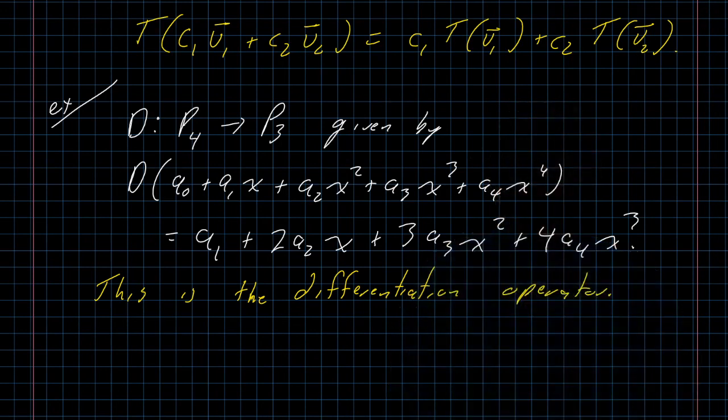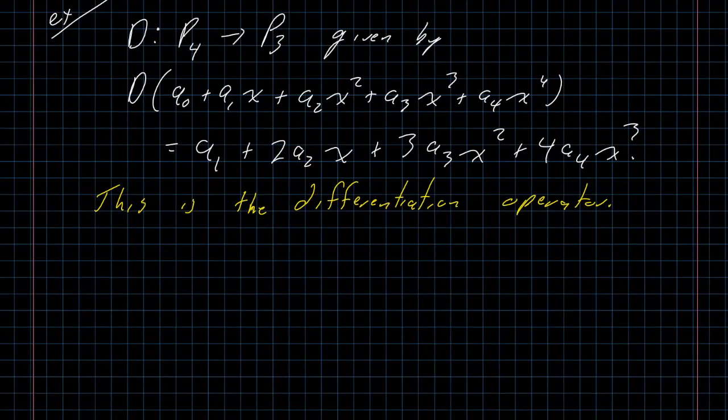But we know from our study of calculus that differentiation is linear. Let's prove it in the context of these polynomials. So to show that something is a linear transformation, we're going to need two polynomials.